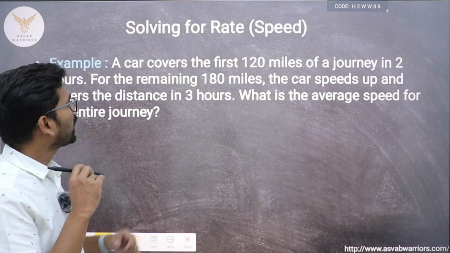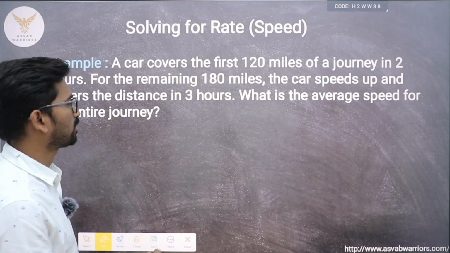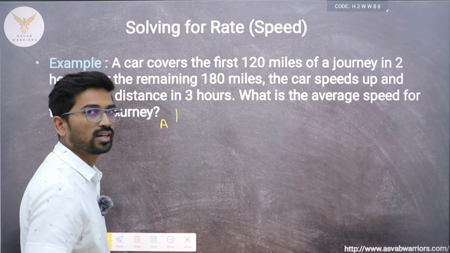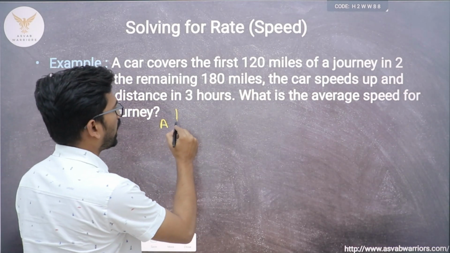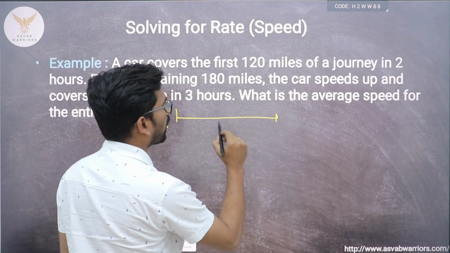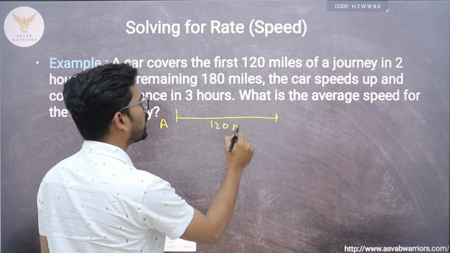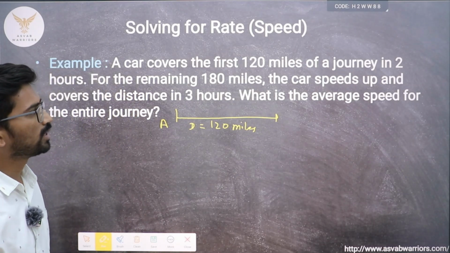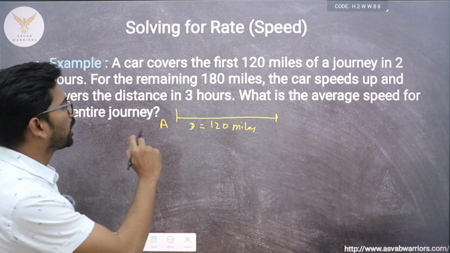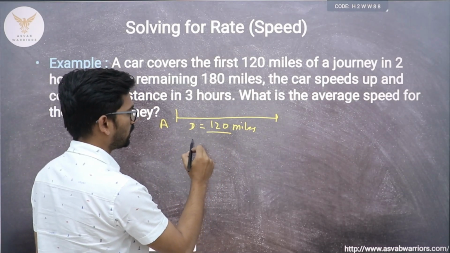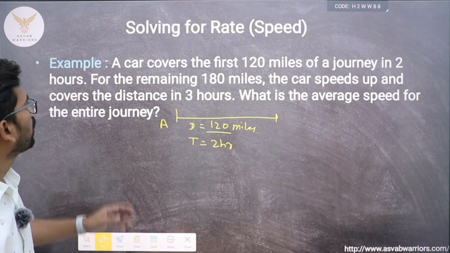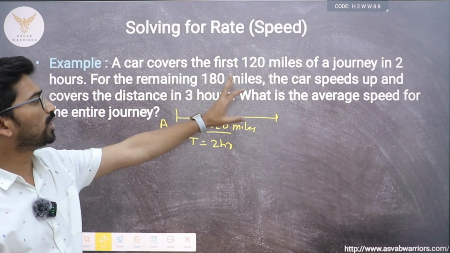We have been given that a car covers the first 120 miles. Let us say the car starts from here. Let us consider it as point A, and it starts its journey and covers 120 miles of distance. We will say D equals 120 miles in 2 hours. To cover this distance it takes 2 hours. Then what happens for the remaining 180 miles?